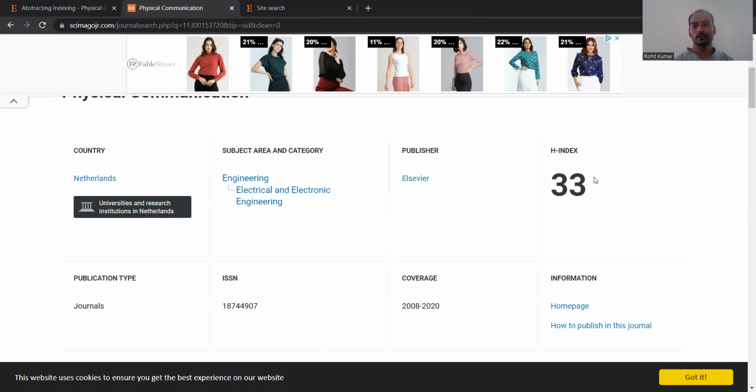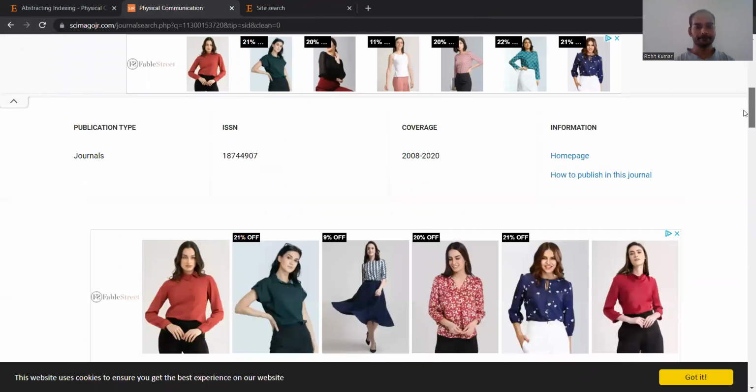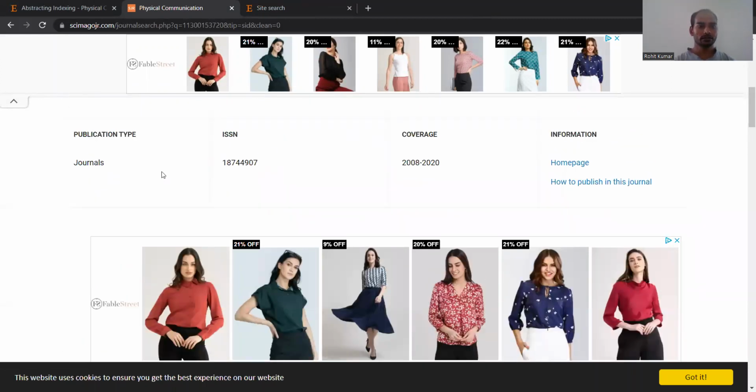So in this way, the H index is a bit low, but yes, obviously the impact factor you can't comment on. Here you can see the ISSN, and the coverage is 2008 to 2020. So a bit new, not very new.